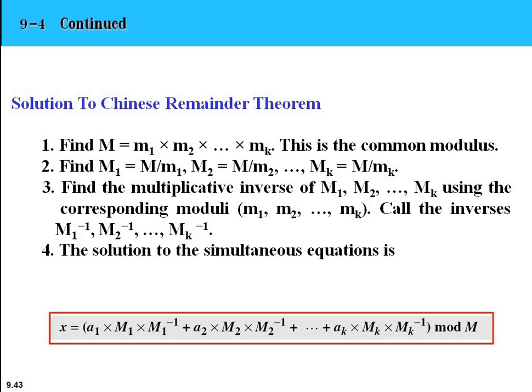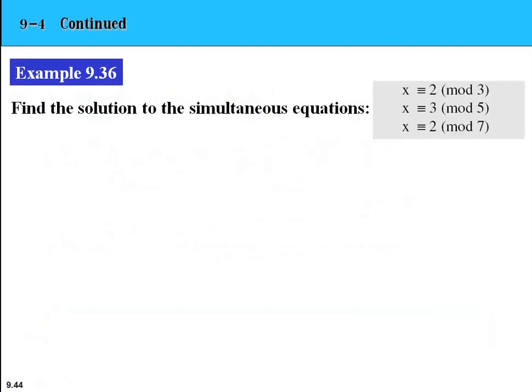We will call these inverses M1 inverse, M2 inverse up to Mk inverse. Finally, the solution of the simultaneous equations is x equal to a1 M1 M1 inverse plus a2 M2 M2 inverse up to ak Mk Mk inverse, and in total we take mod of capital M.